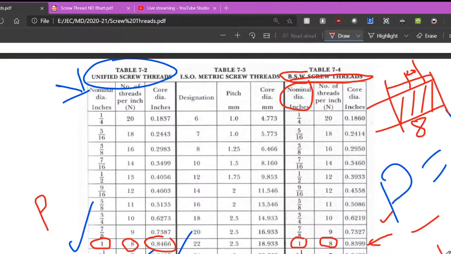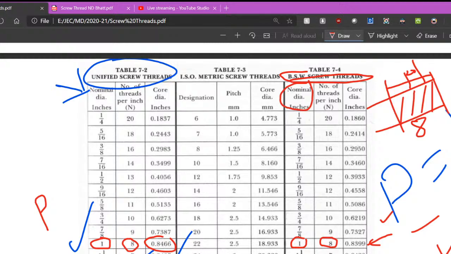P is equal to 1 by n. You calculate it. Again, for this 1.5 inch nominal, the value is 6 threads per inch. How to get the value of P? 1 by 6. In metric threads it is given directly.